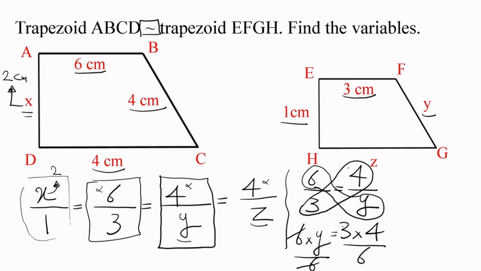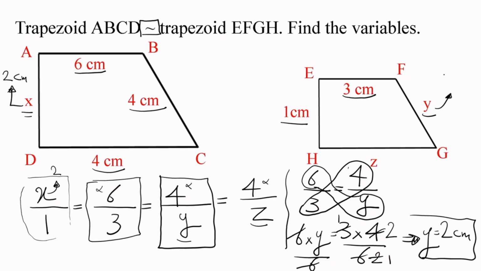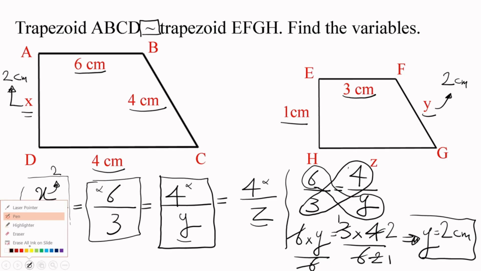These two will be cancelled out by each other. If I divide this one by 3, it's going to be 1, it's going to be 2. So y is equal to 2 centimeters. Now I have the value of y, which is 2 centimeters. Let me erase the board to make some space for myself.